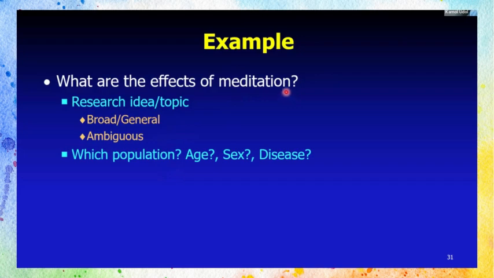Is it meditation in children, meditation in older people, or meditation in the general population, or in people with some disease? So it's not clear here. It's still ambiguous. What age, what sex, what disease.